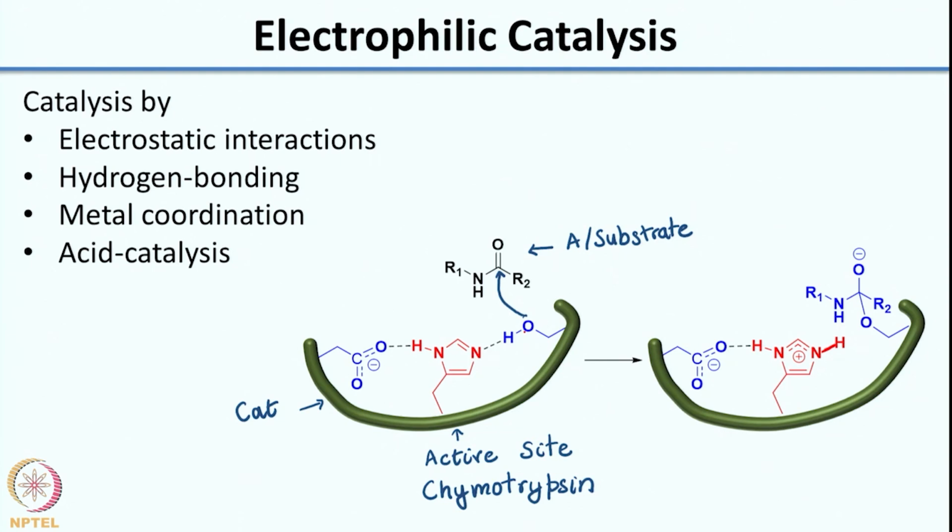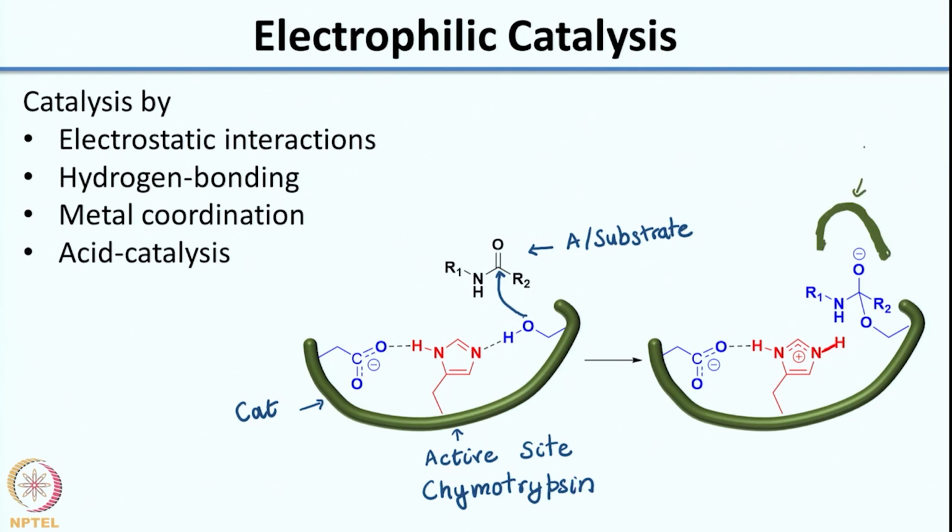And I have not shown you here, but what is seen further is that in the same catalyst there is another pocket here. So this is your catalyst structure. So there is another pocket here, and what that pocket does is it stabilizes this tetrahedral intermediate further, alright.